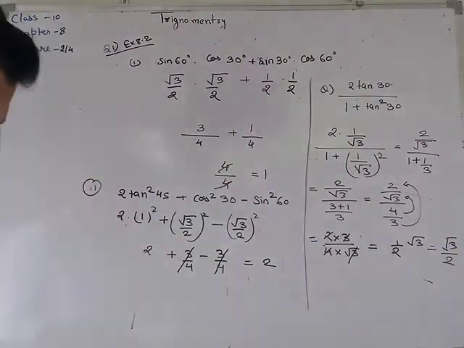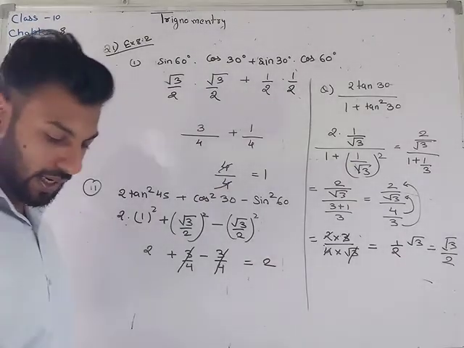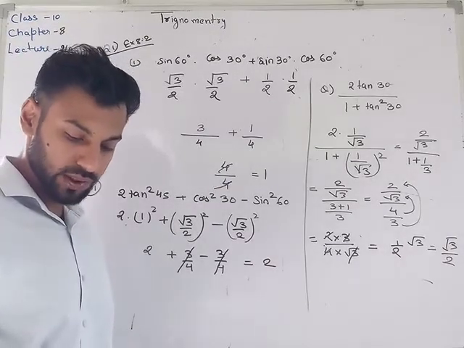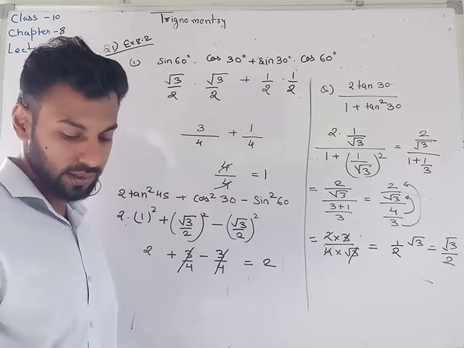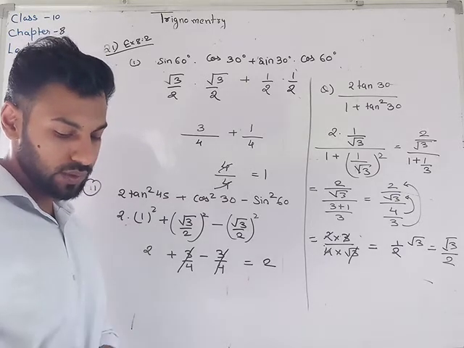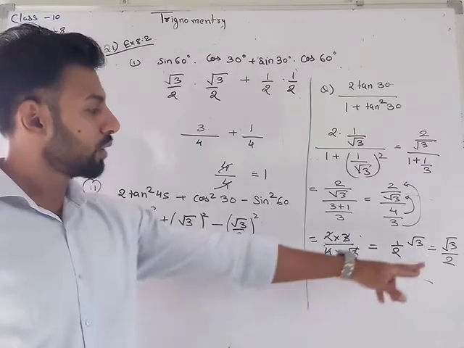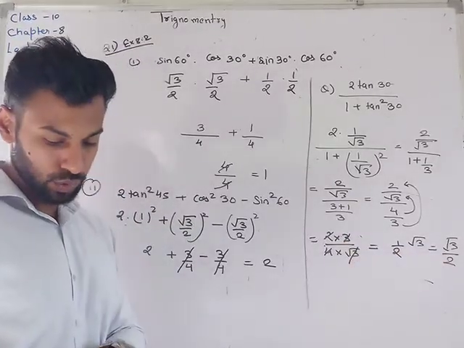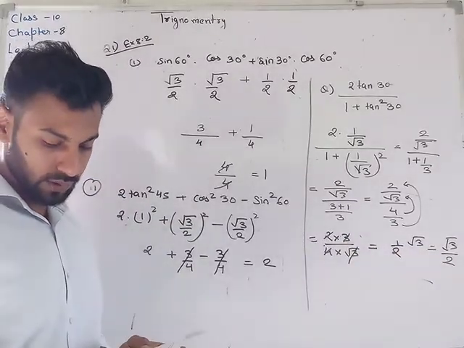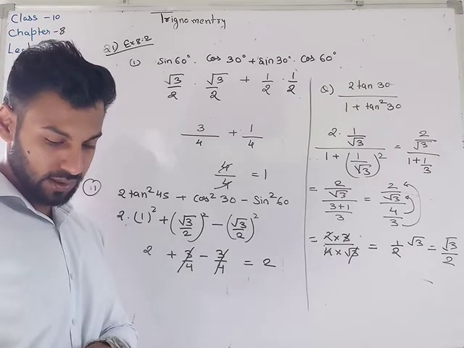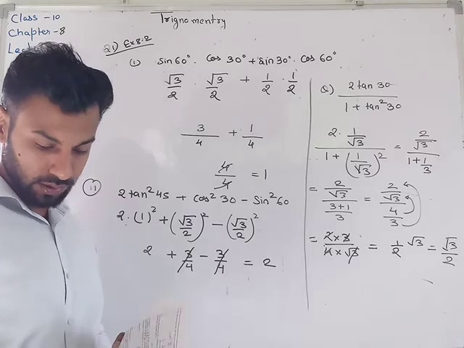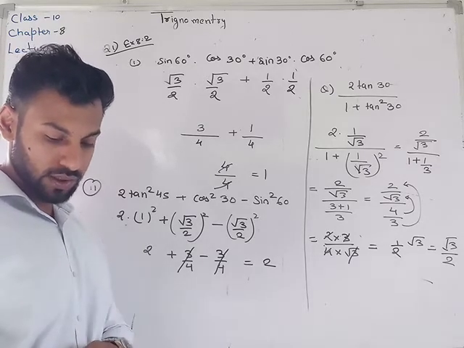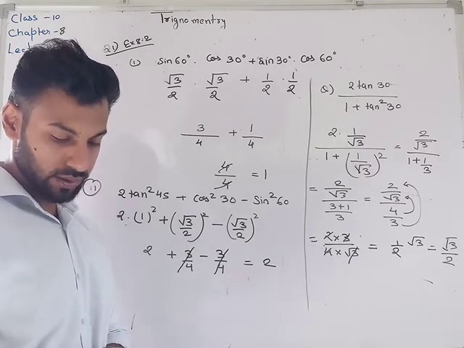Here some options are given. First sin 60, second cos 60, third tan 60 and sin 30. You have to see these values in the table, which is root 3 by 2. Tan 60 is not there. Cos 60 is not there.